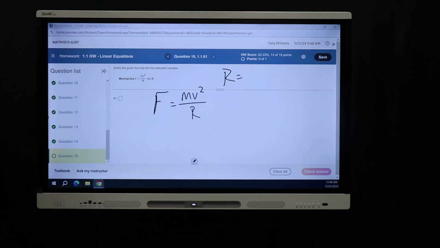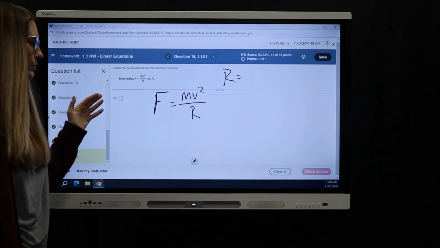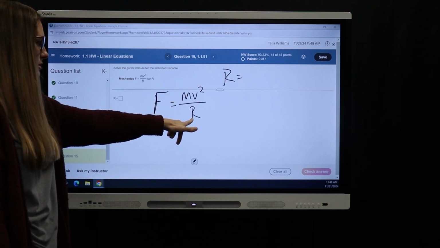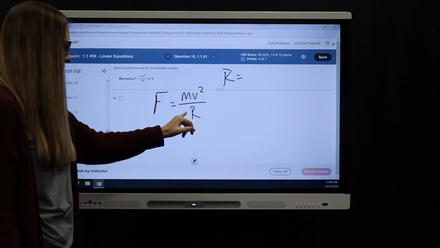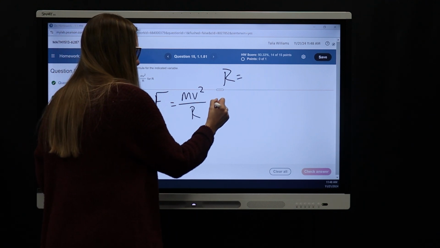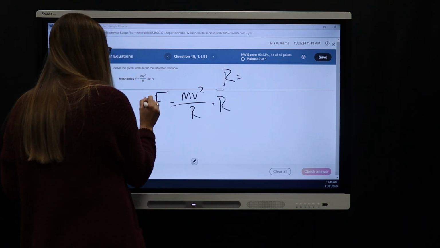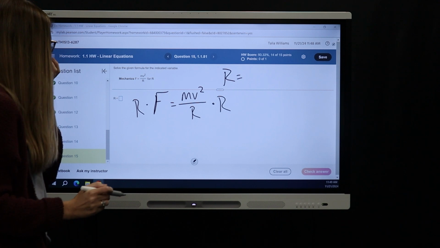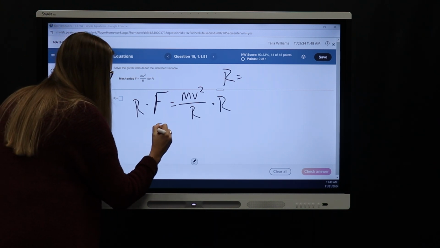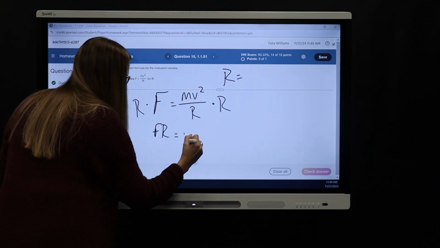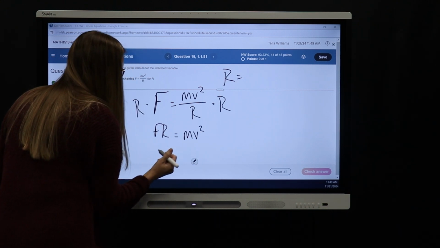So looking at where r is now, we need to get r to be the one that is by the equal sign. So the opposite of division, because it's being divided right now, my r is, I'm going to multiply by r. Whatever you do on one side, you have to do on both. So I'm going to have fr equals mv squared.